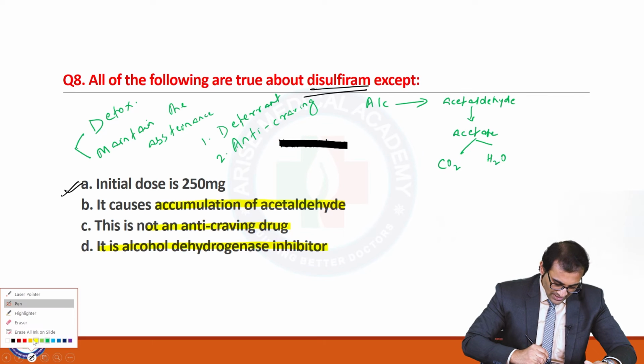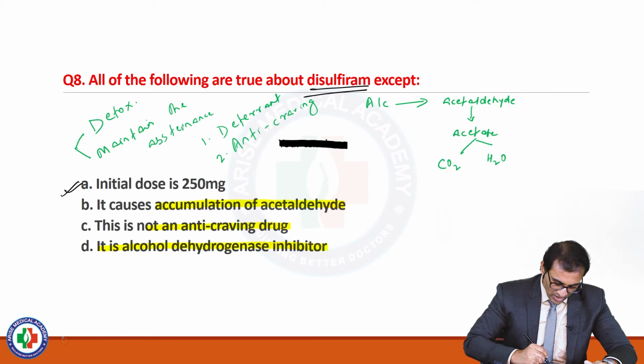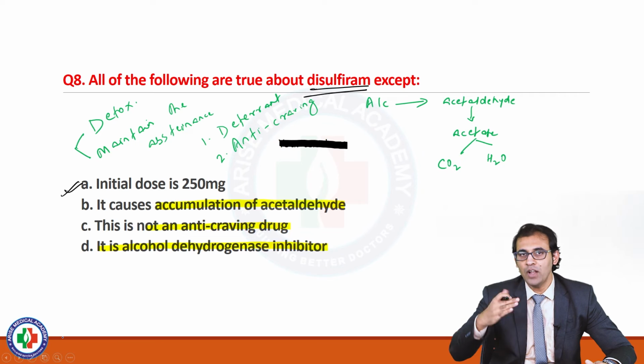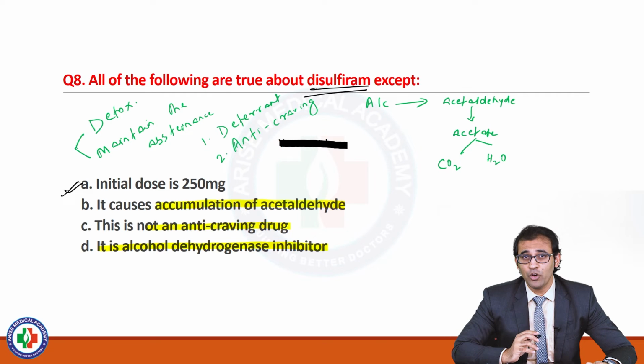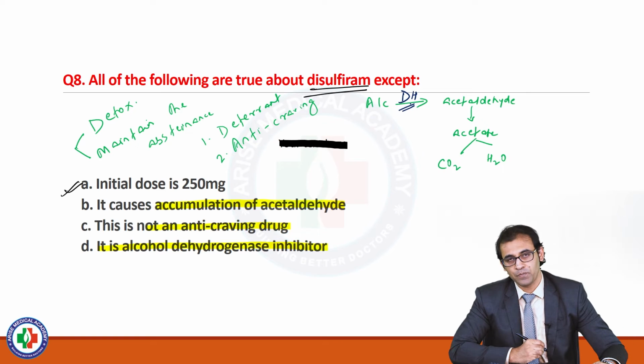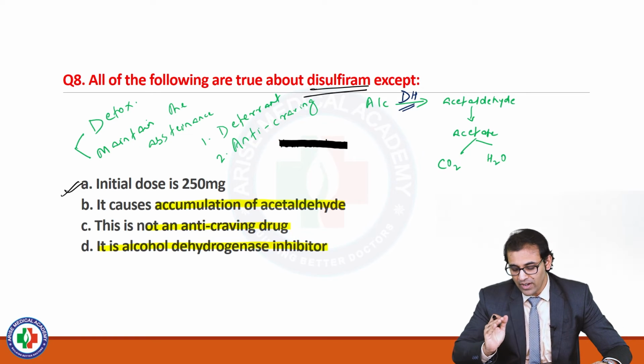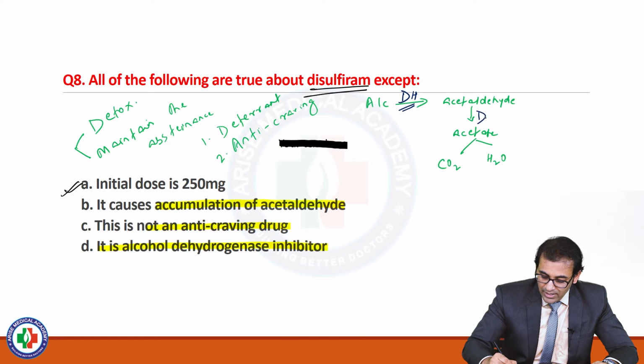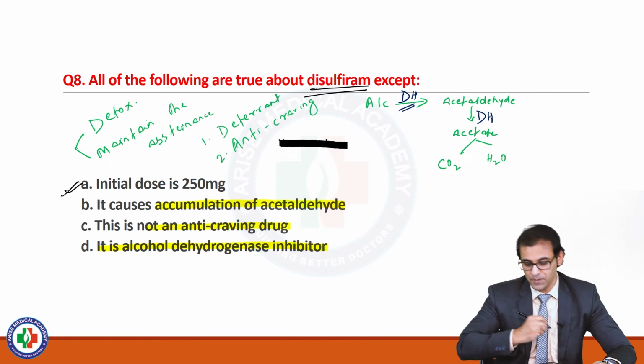Whenever there is the conversion of alcohol to acetaldehyde to acetate, obviously one enzyme has to play a role in between, right? So alcohol to acetaldehyde, there will be alcohol dehydrogenase. And for the conversion of acetaldehyde to acetate, there will be aldehyde dehydrogenase.